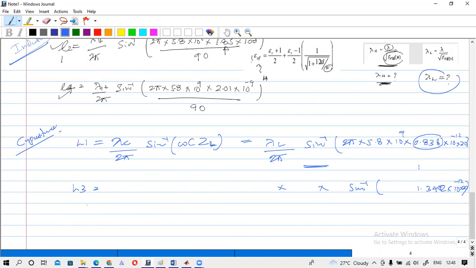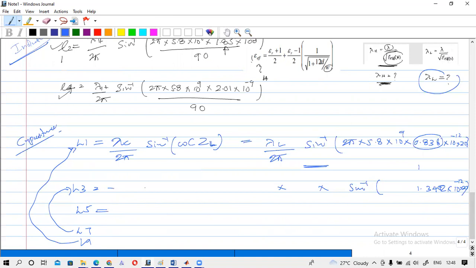Others are the same. So you can calculate L3, and in the same manner you can calculate L5. You can calculate L7, and you can calculate L9 also, and you will get the same value. So you have to calculate only these 3 values.